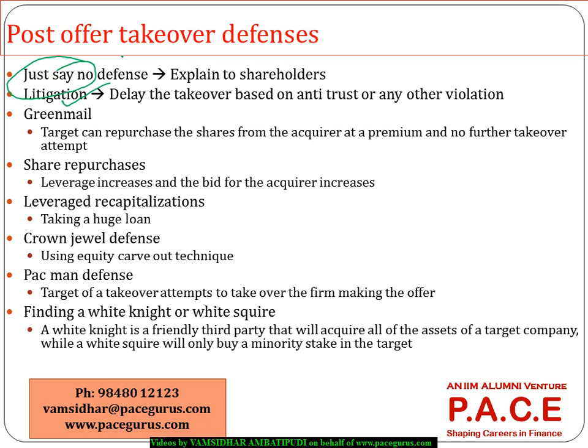It can delay the process. In the meanwhile, this target company can look out for some other mechanisms to protect itself. So litigation is a temporary way of stopping the acquisition process from moving further.